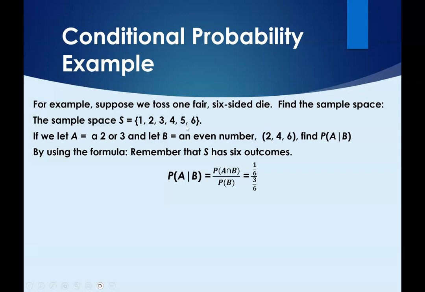So in this case, using the formula, we're going to look at the total sample space. And then we would divide that, but just leave it as 1/6. Then we have the probability of B would be 3 elements out of 6. And you can notice here, if we were to reduce this down, we would get 1 out of 3. So I'll just show you quick how we would divide those out. The 6 will reduce out and leave us with 1/3.